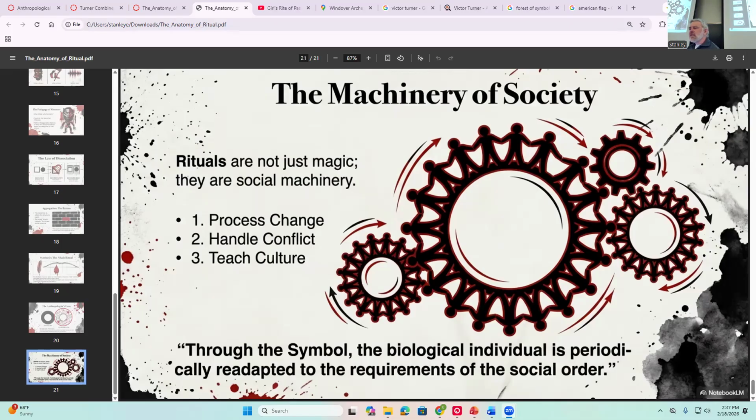I think Turner's stuff is really interesting to me because, like we talked about with Levi-Strauss last time, it's one of the earlier things in anthropological theory that you can still use. When somebody asks you, or you're applying for grad school, what's your perspective going to be? You can say, I'm going to study ritual from the perspective of Victor Turner, and people are like, oh yeah.